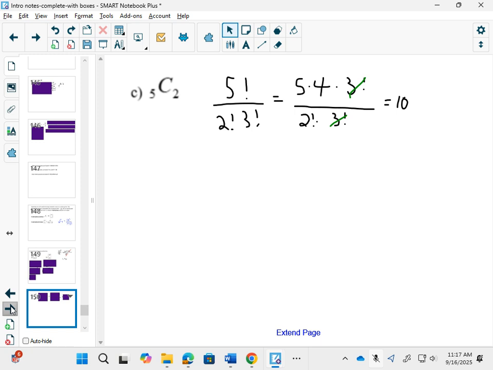Is that hard to do? How many of you cheated? Again, the biggest one is the 5 factorial, so I expand that one until I get to something on the bottom. Those 3 factorials cancel out. Then you just get 10.